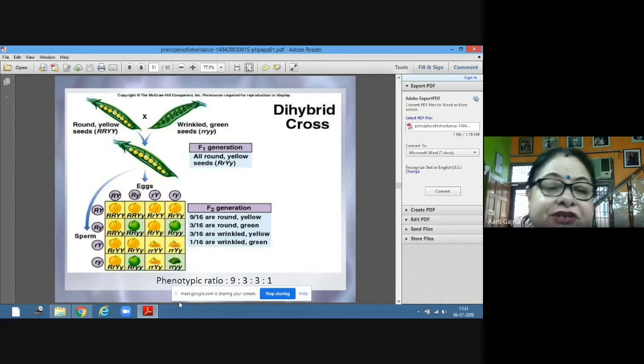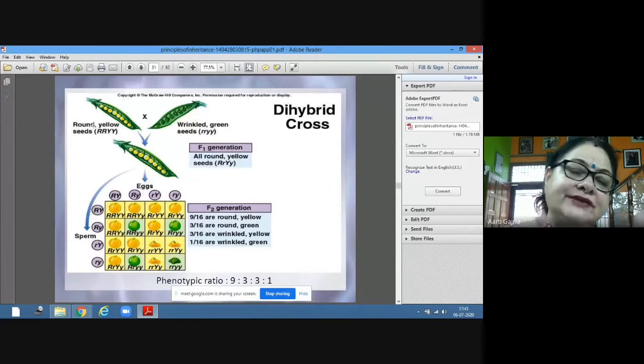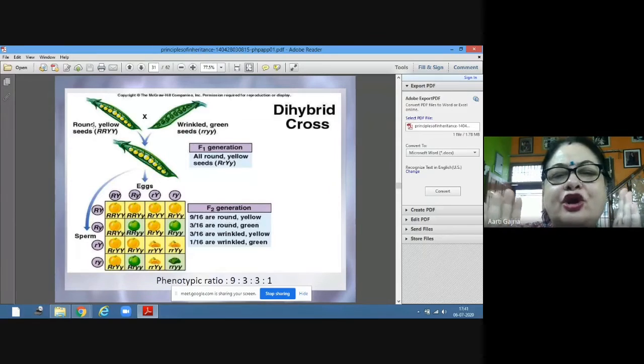Now, another feature which he observed here was that we took both round and yellow together, but the result showed that round is not depending on yellow and yellow is not depending on round. They are segregating independently.